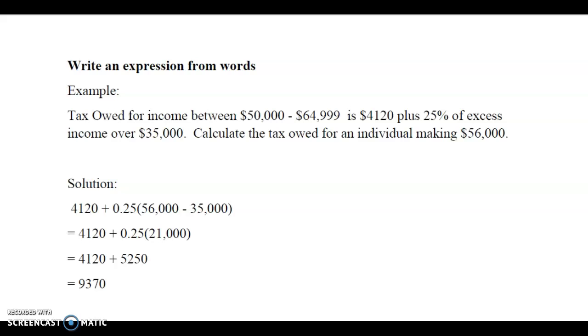Again, that's not the only way you could have simplified this expression. You could have, if you wanted to, distributed this 0.25 and multiplied it by both of the values in the subtraction, and then done the subtraction after. So that's one way that you can get around the order of operations. But in this case, we probably wouldn't do that.